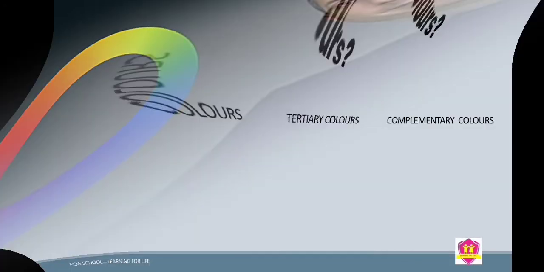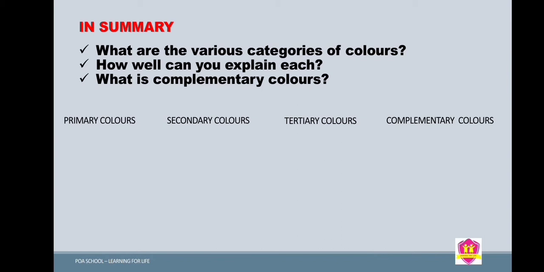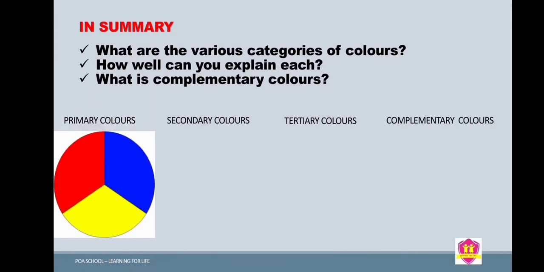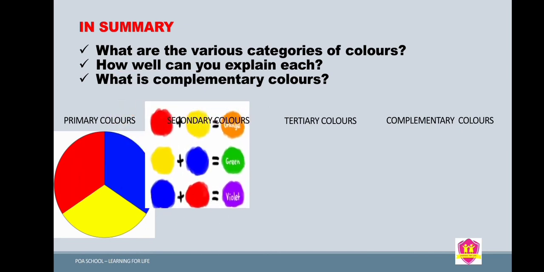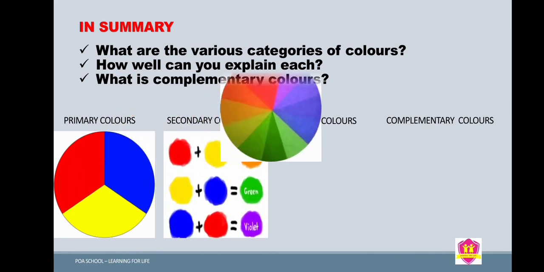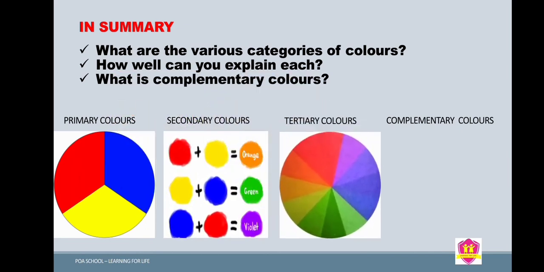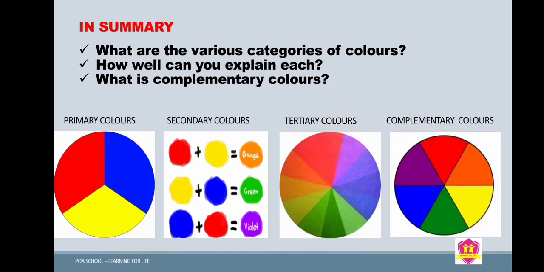All right, so understanding the relationship between colors will help to improve the quality of your work. In summary of all we have learned, let's find out the various categories of colors. We have primary colors, secondary colors, tertiary colors, and complementary colors.